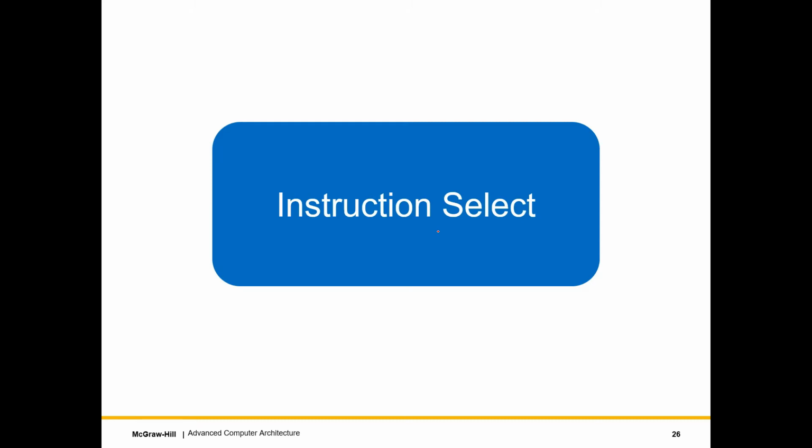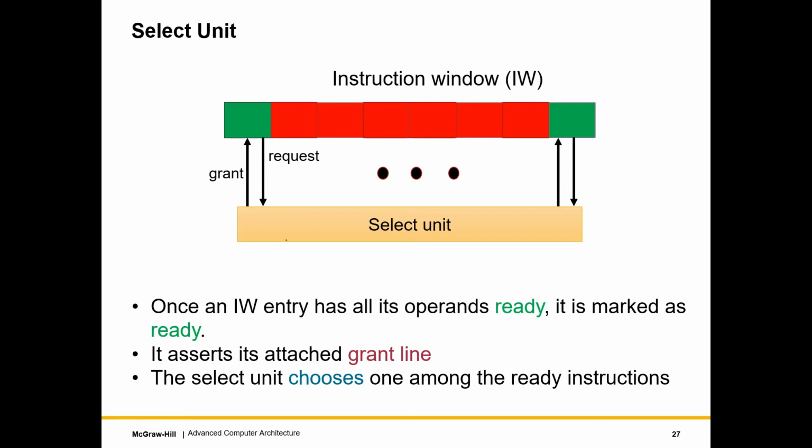So this was the basic broadcast and wake up mechanism. So let us now take a quick look at the instruction select mechanism, which means that once we have chosen the set of instructions, what do we do? So let's consider this the instruction window.